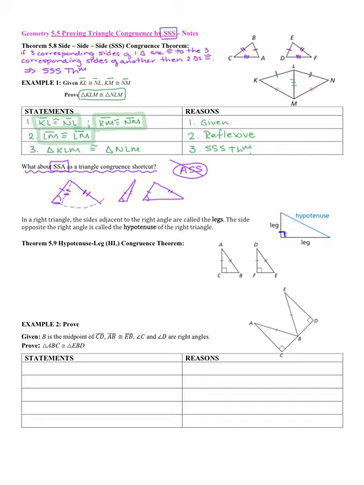You have to have a right triangle, but then one of the legs and the hypotenuse has to be congruent to the corresponding leg and hypotenuse of another triangle, and then you have two congruent triangles. Basically, if you have two sides in a right triangle, the Pythagorean theorem sort of dictates that the third side would have to be congruent to the other triangle, and that's why this works.